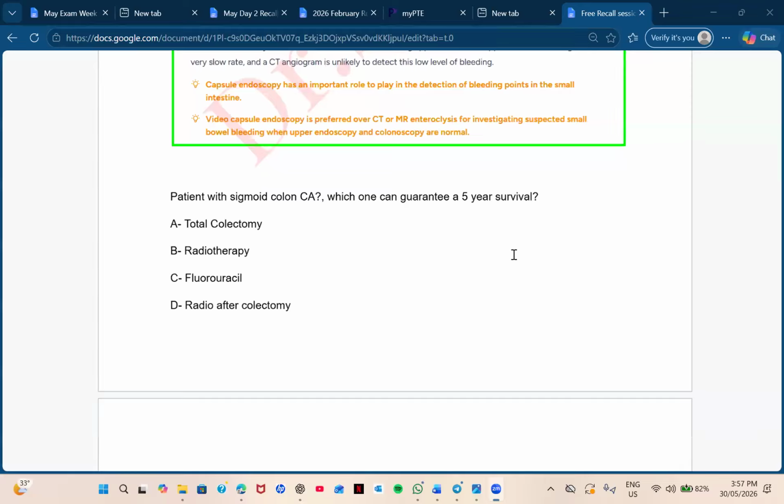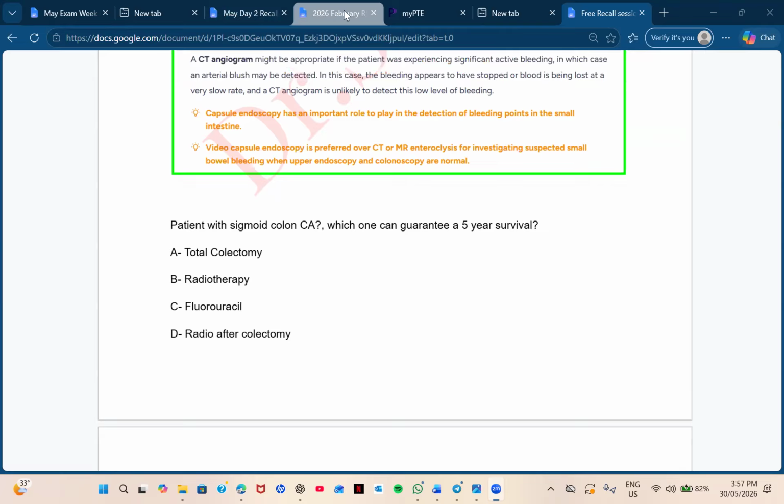Okay, what about other doctors? There are so many doctors. Yeah, this is from April. No, this is from the February course, doctor. Okay, I have chosen some topics from February and May. Okay, we got different answers here.